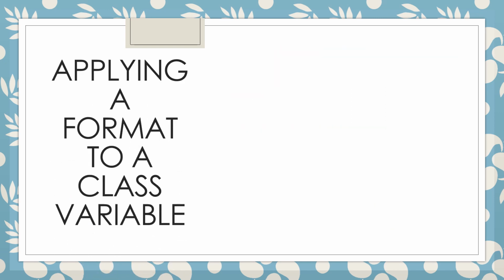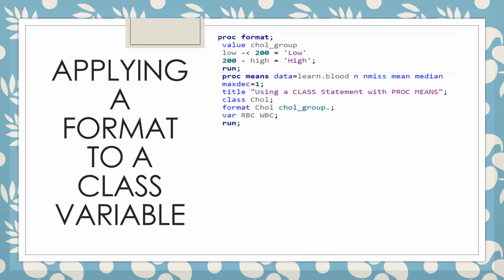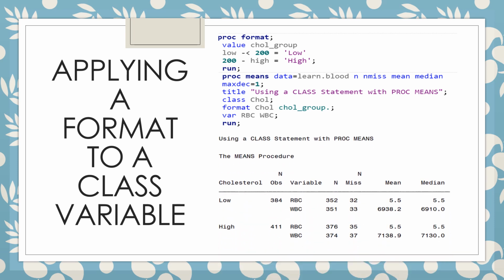One very nice feature of using a class statement, besides not having to sort your data, is that SAS uses formatted values of the class variables. You can use this to your advantage by adding a format statement to the procedure and changing how the class variable groups your data, all without having to modify your original dataset.